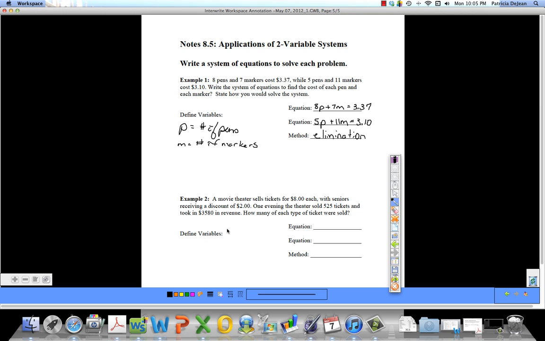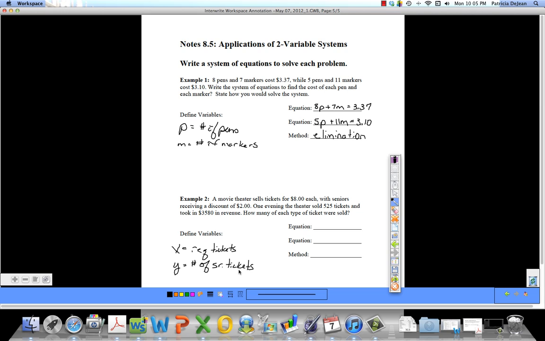In example 2, you have movie theater tickets. You have regular tickets. X is the number of regular tickets. And Y will be the number of senior tickets.